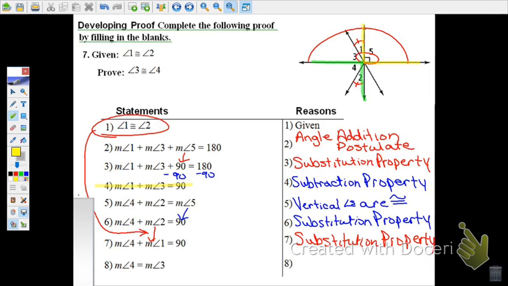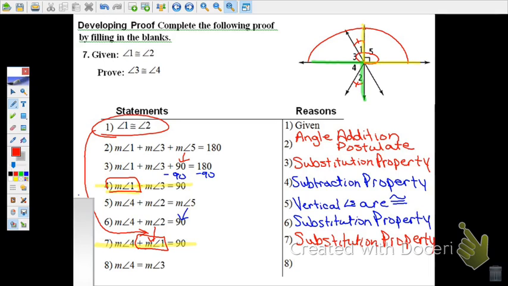When I look at statement 7, I know angles 1 and 4 are complementary. So 1 and 3 are complementary, and 1 and 4 are complementary. Because they are both complementary to the same angle, then 3 and 4 would have to be equal to each other.